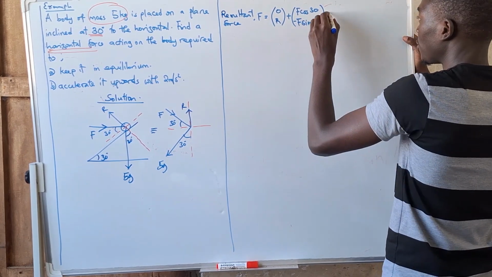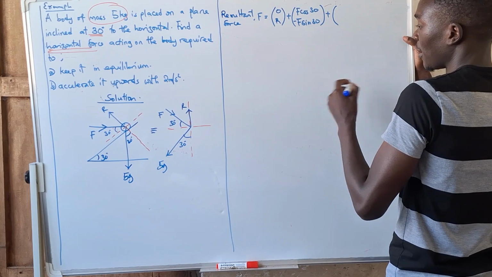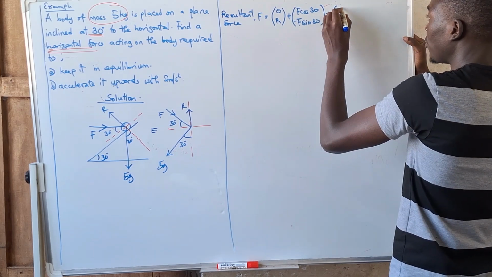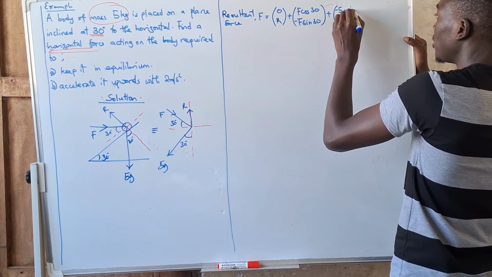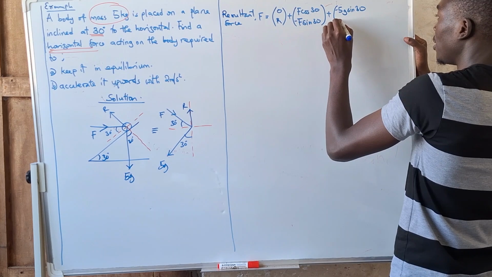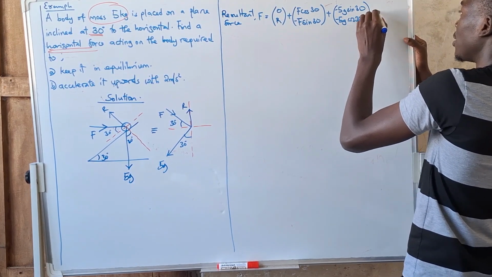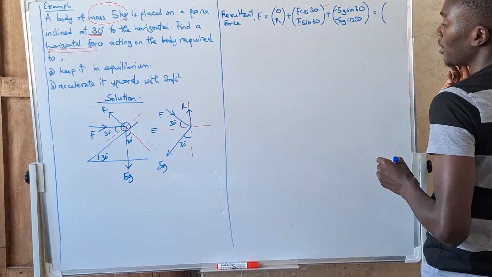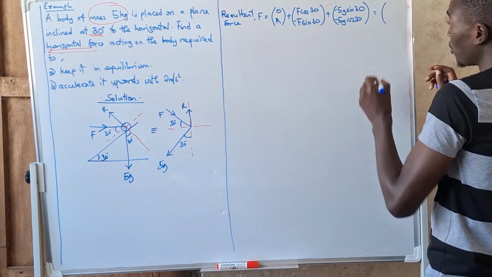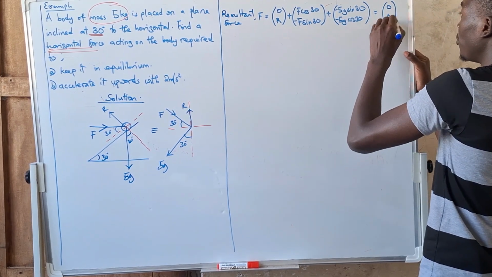Then you have the weight, so this is negative 5g sin 30 and negative 5g cos 30. This is equal to 0, 0, because part A is equilibrium.